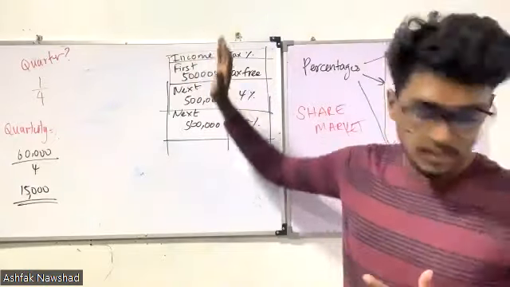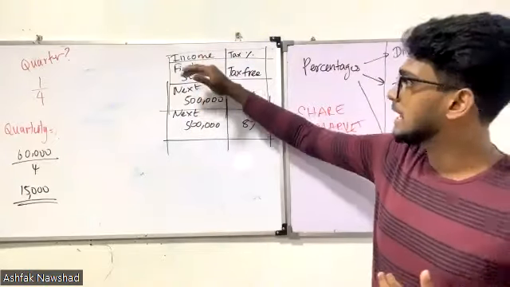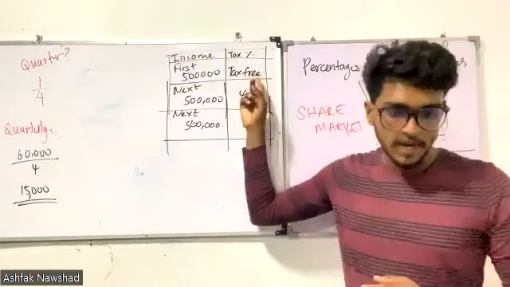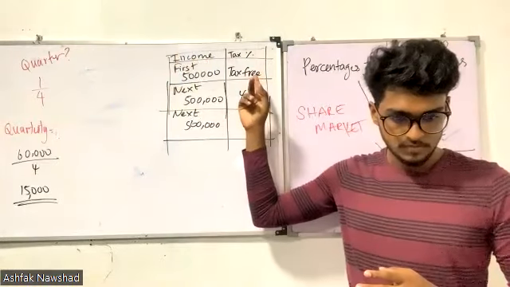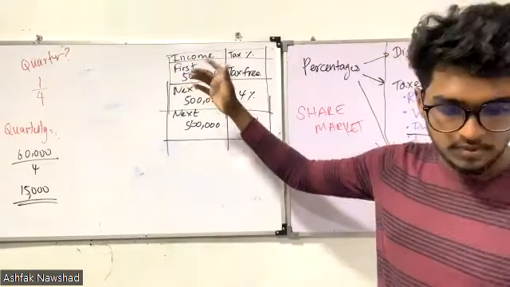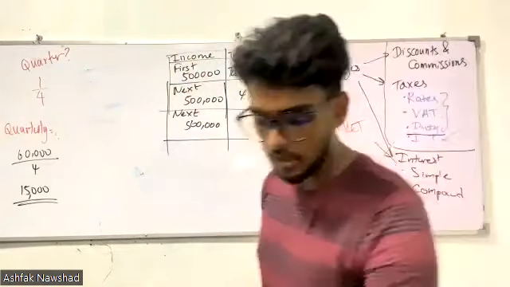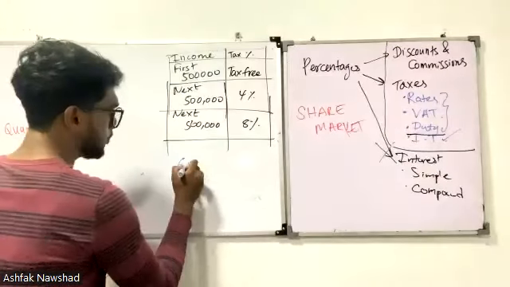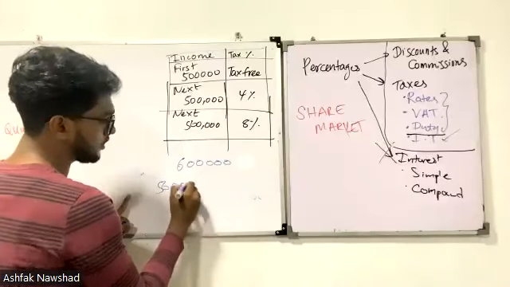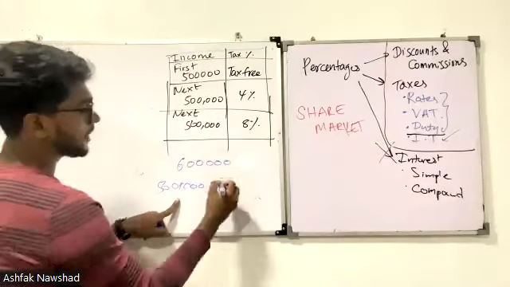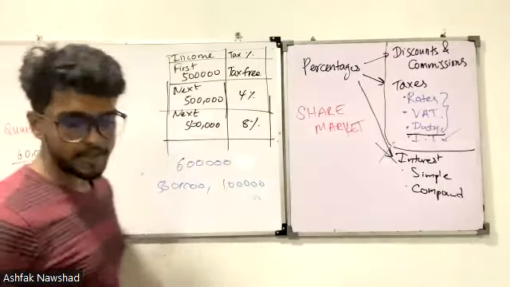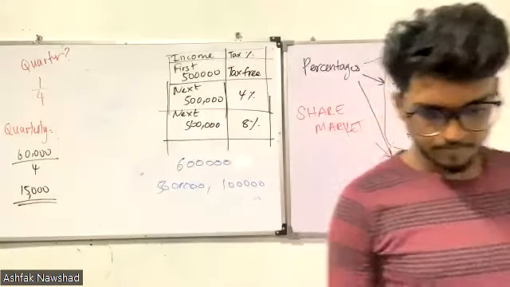If you earn less than 500,000 or just 500,000, you don't have to pay tax. If you earn more than 500,000, for example 600,000, for the first 500,000 you don't have to pay tax. But for the remaining 100,000, you must pay 4% of tax. Is that clear?